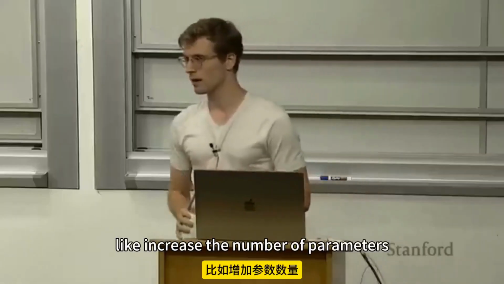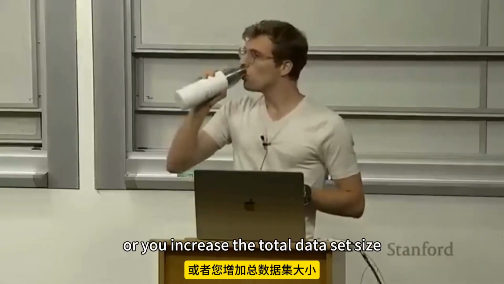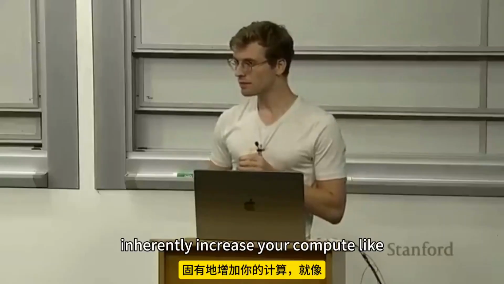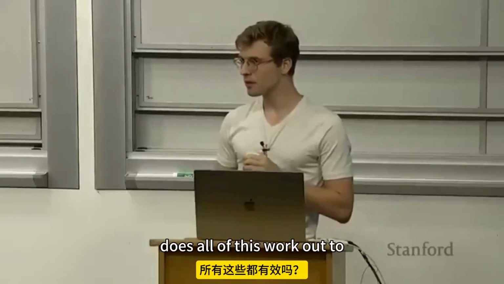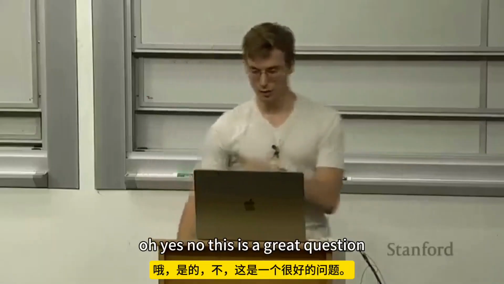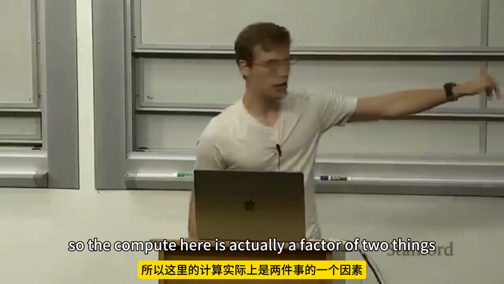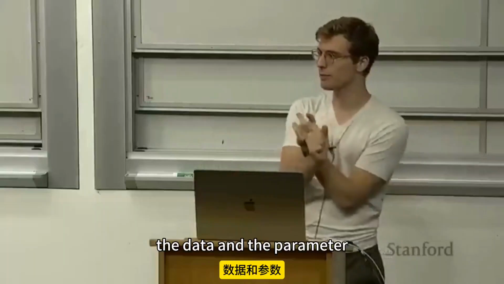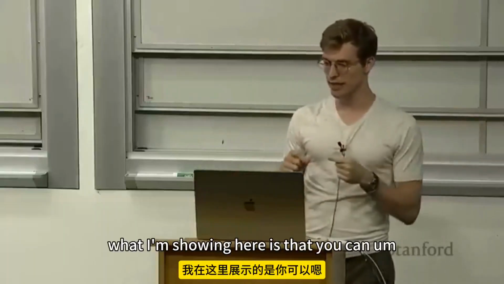When you increase the number of parameters, or you increase the total data set size, and you're going over that data set once, doesn't that just inherently increase your compute? Does all of this work out to just how much compute you're using? This is a great question. The compute here is actually a factor of 2 things, the data and the parameters.